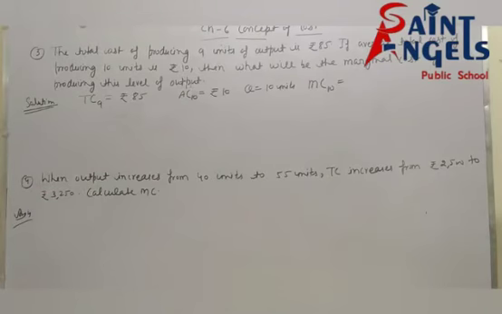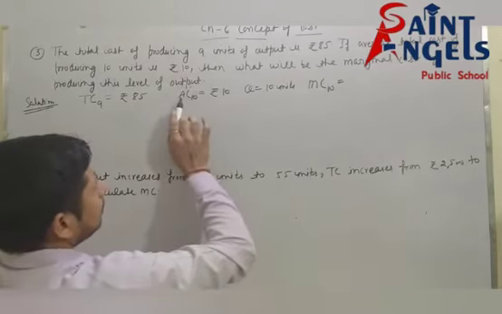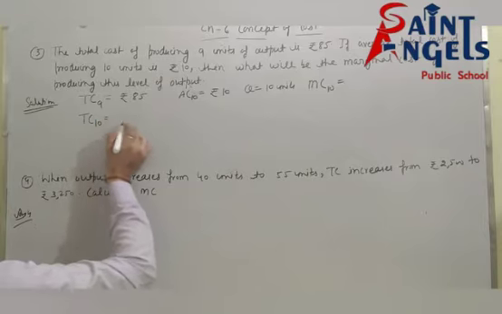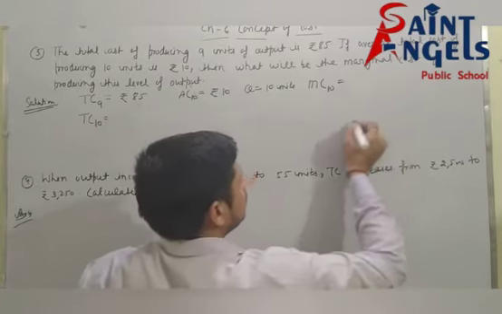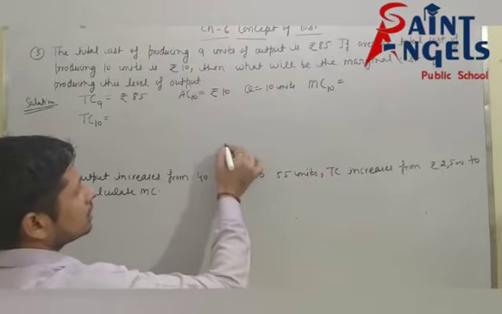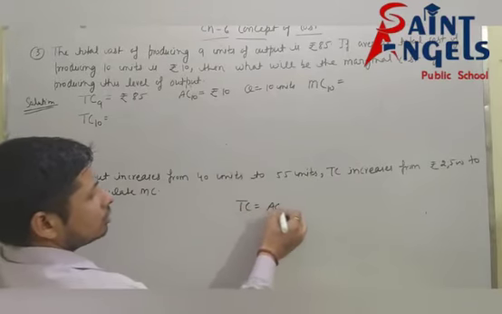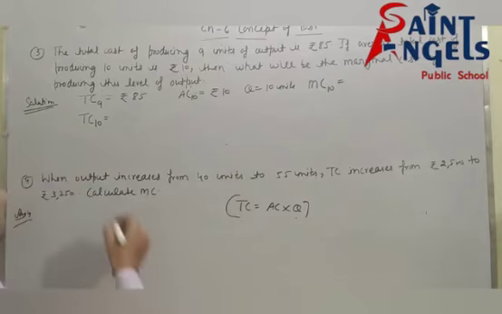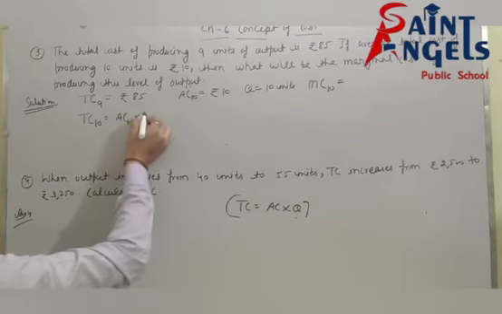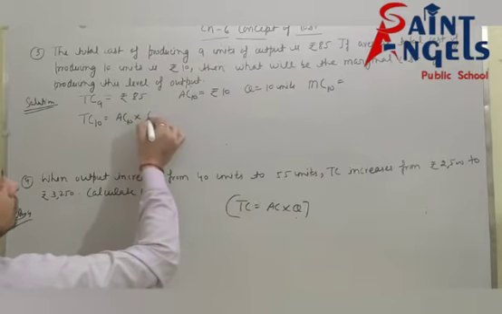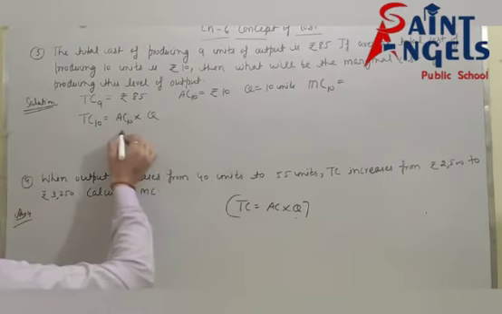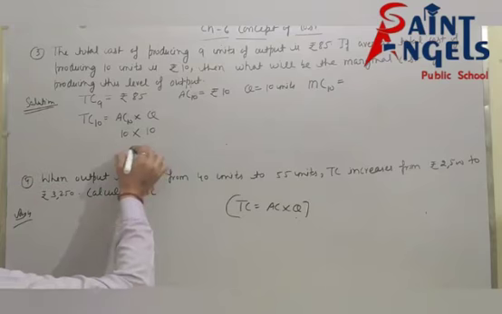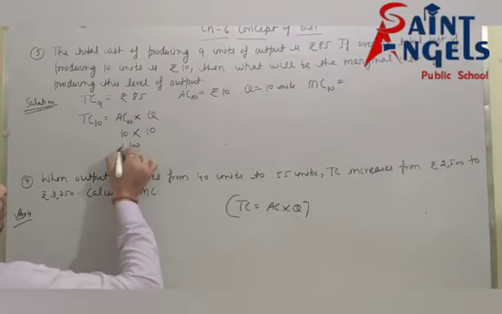With the help of this, we can find TC10, because the formula of TC is AC into Q. AC10 into Q, means 10 into 10, rupee 100.